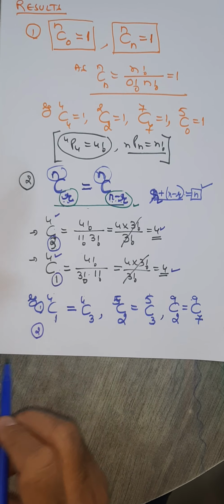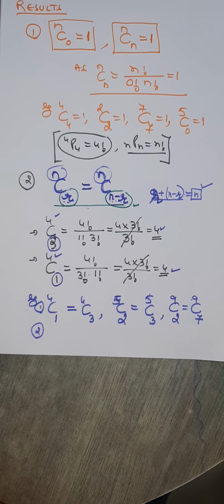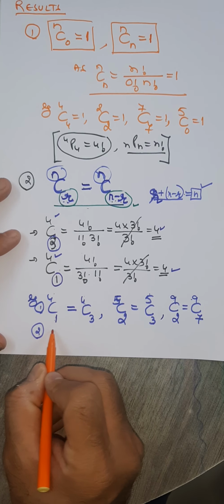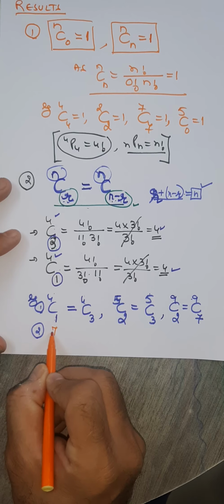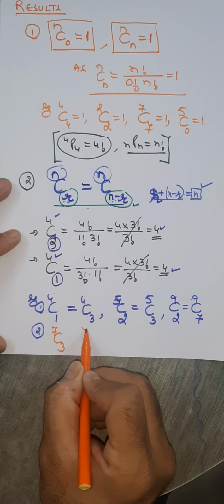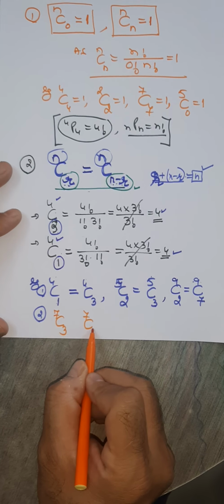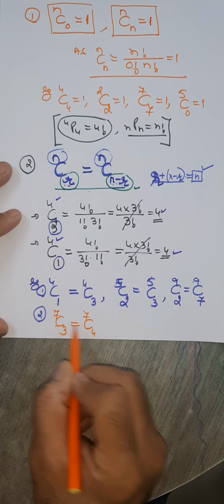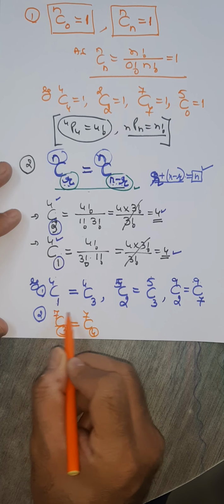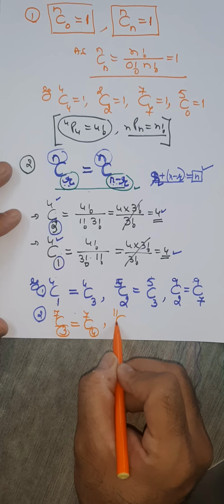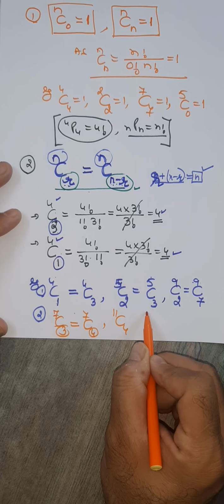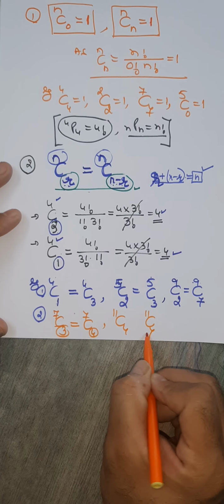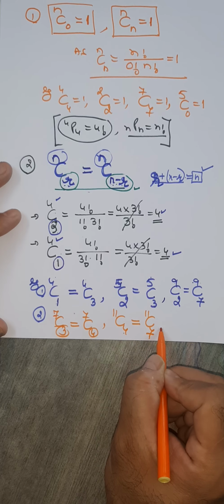One more example: if I write 7C3 and 7C4, these two are equal because the summation of these two is the upper number. If I write 11C4 and 11C7, the sum of these two is the upper number, so these two are equal.